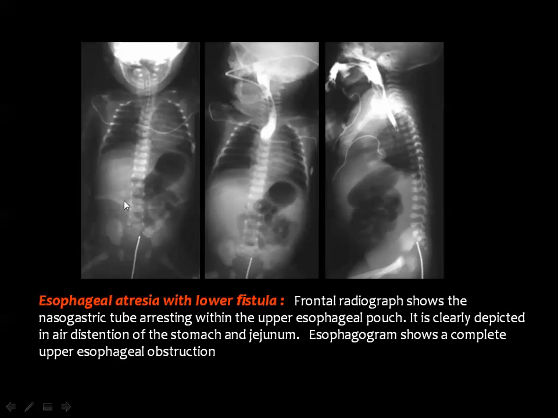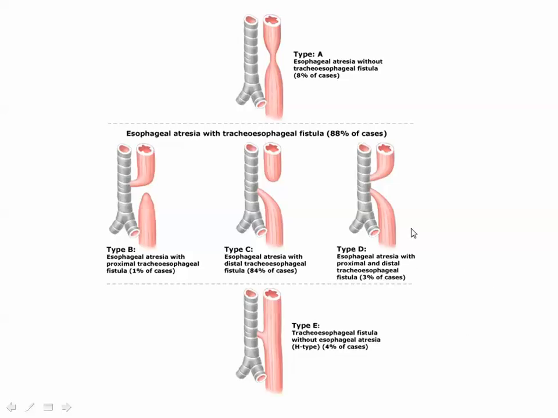And by introduction of barium, you see that barium cannot pass this area, meaning that the proximal pouch is blind, and this air is coming from the distal pouch. And this is the commonest type, as I have mentioned, which is seen in about 85% of the cases.